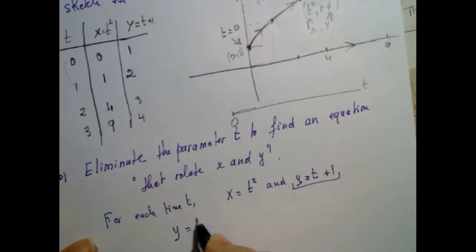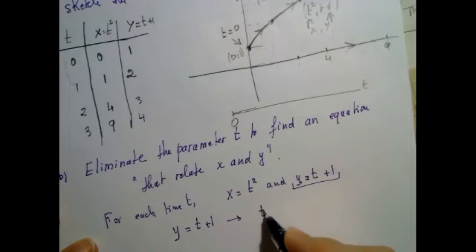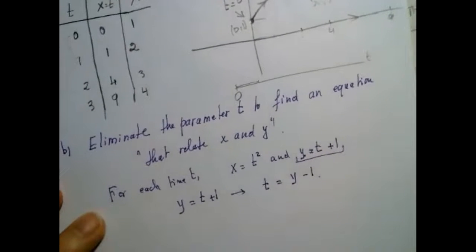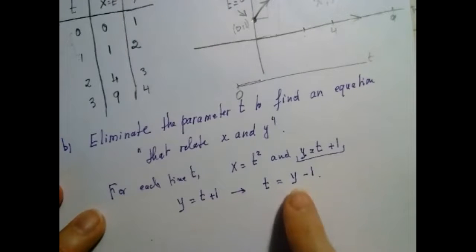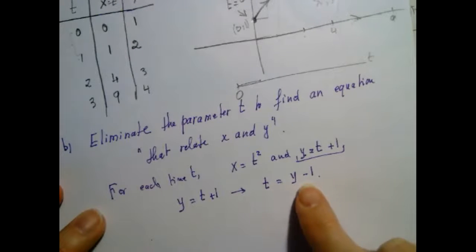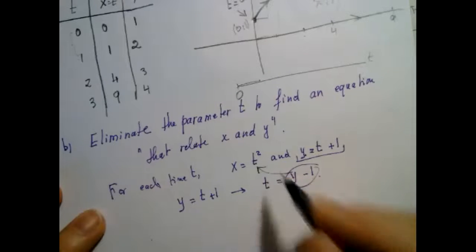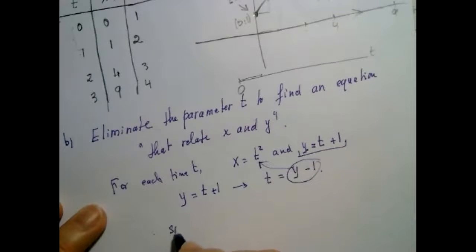So for y equal t plus 1, it means for every time t, t is equal to y minus 1. So no matter what time it is, the time is the y coordinate minus 1. Now I plug this into the expression of t. So now we're going to substitute, and then I'll explain what's really going on.